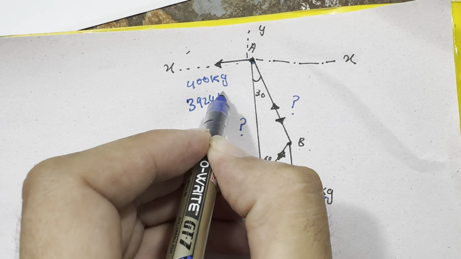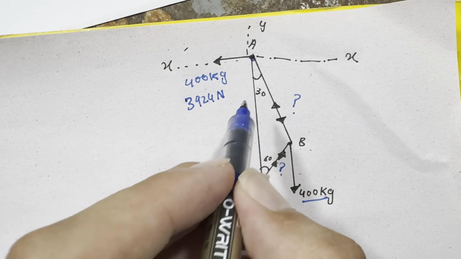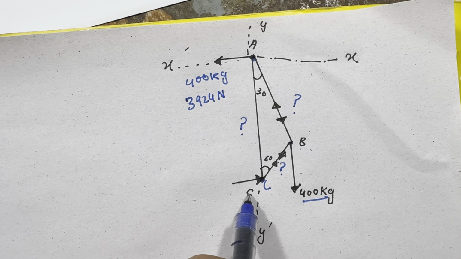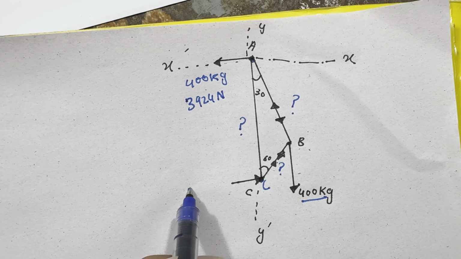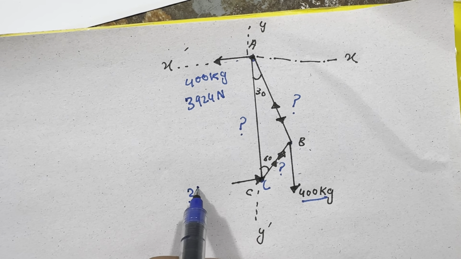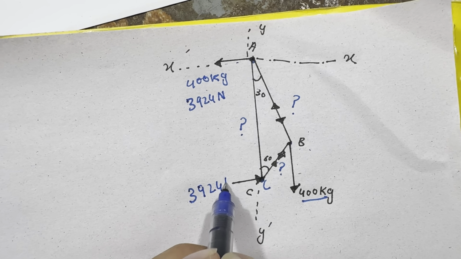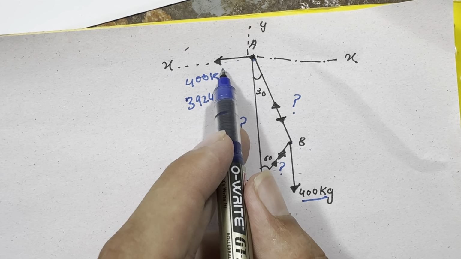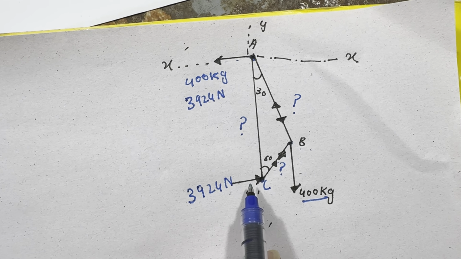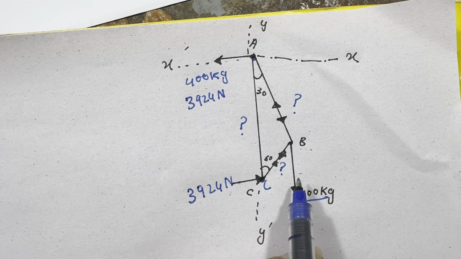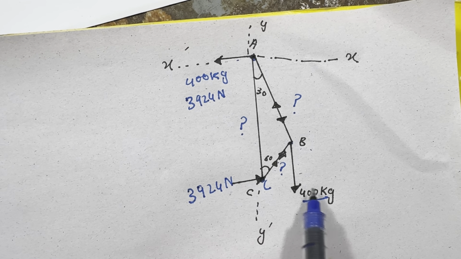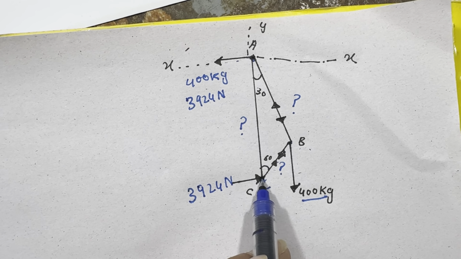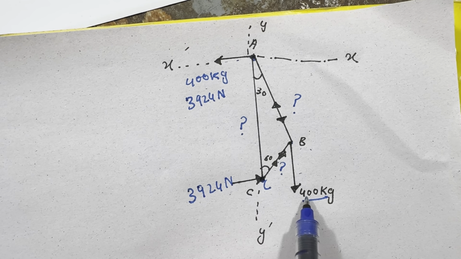3924 newton. Okay, the reaction which is exerted at this point, and also the reaction which is exerted at point C, will also equal 3924 newton. But the reaction at this point is directed toward left, and the other reaction is directed toward right, because when the load is transferred to this point, this will be a compressing force.